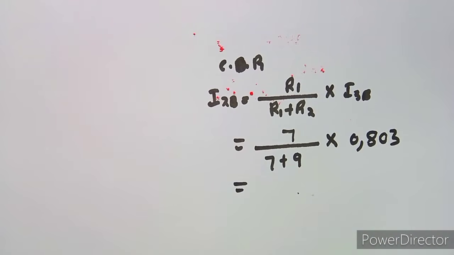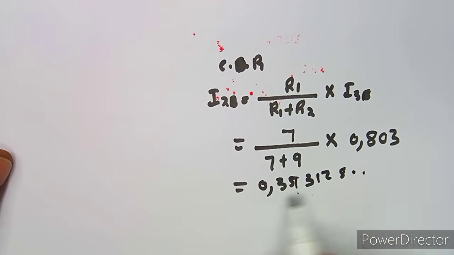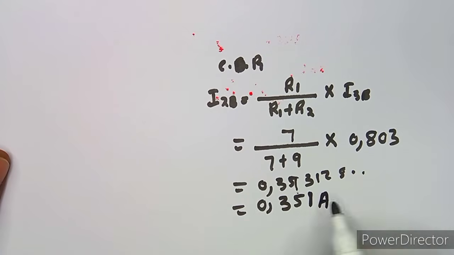All right, so that means we are going to obtain a decimal like 0.3513125, something like that, which is going to give us 0.351 to three decimal places. So that is our I2B.